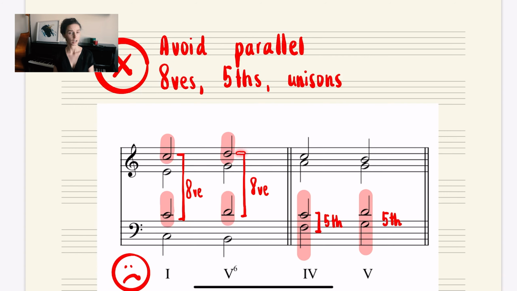And they are not a good thing, and they are always to be avoided. And the same pertains to parallel fifths and to parallel unisons. Take a look at the example and take some time to analyze it.